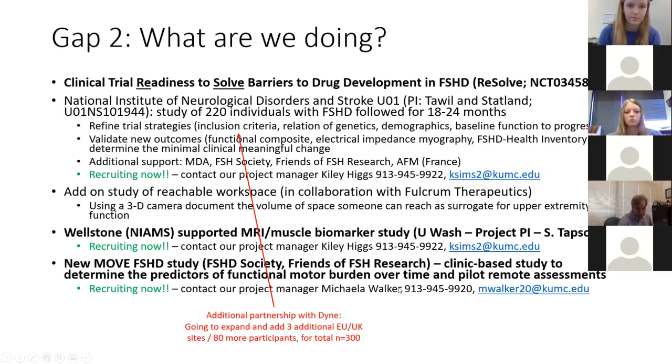And we have a new, more clinic-based study that we're starting, because we're concerned that there are groups of people we haven't been able to study well, people who either can't walk or have FSHD type 2 or something that hadn't been included in those earlier studies.